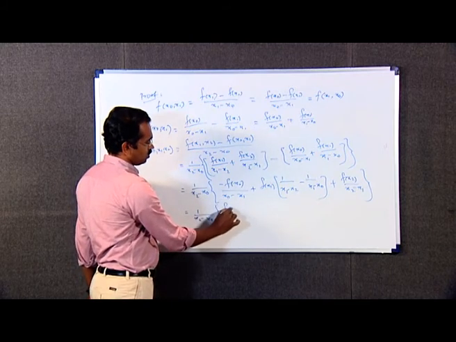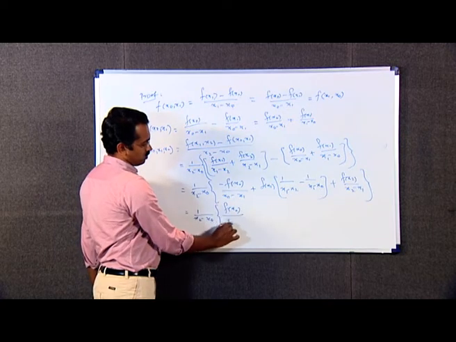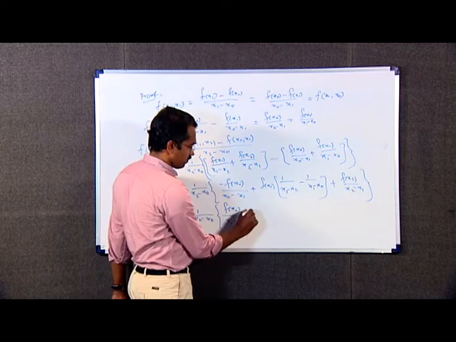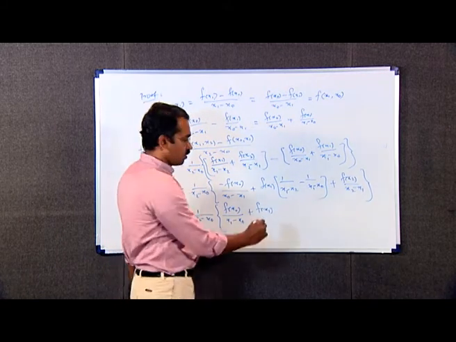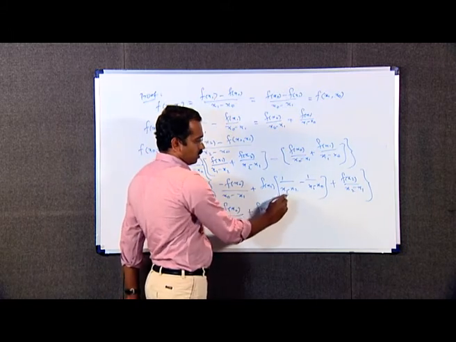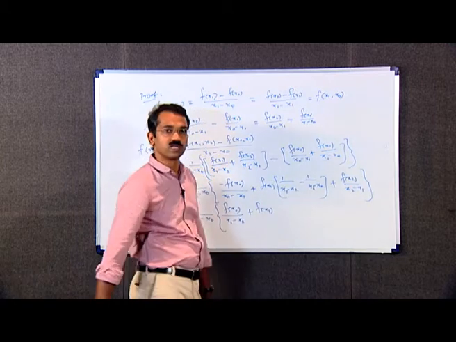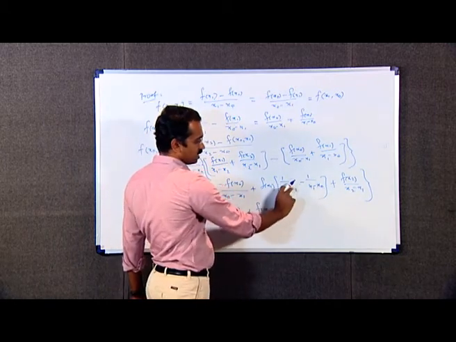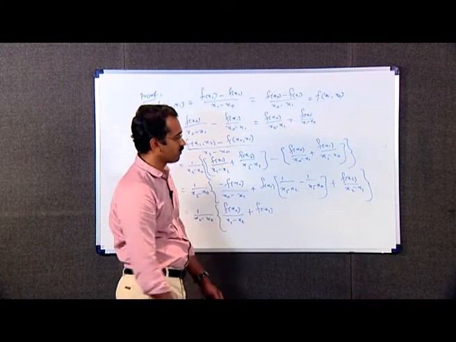f of x0 divided by x1 minus x0 plus f of x1 into, here x1 minus x2 into x1 minus x0 on cross multiplication we get x1 minus x0 minus x1 minus x2. That is, x1 and x1 cancelled.